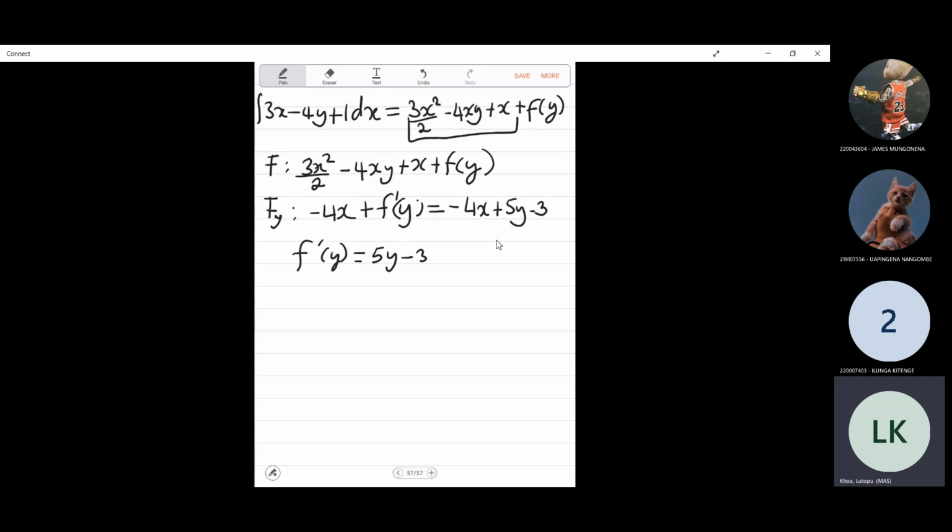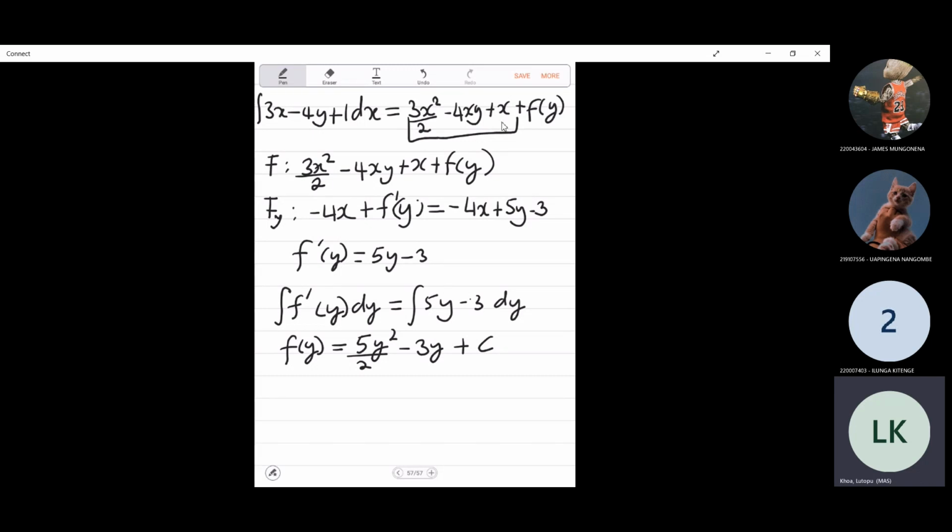And then to solve for f of y, we integrate both sides with respect to y. This is f of y is equal to 5y squared over 2 minus 3y, and then I have a constant of integration. So then I take this part here and this part here and equate it to c.